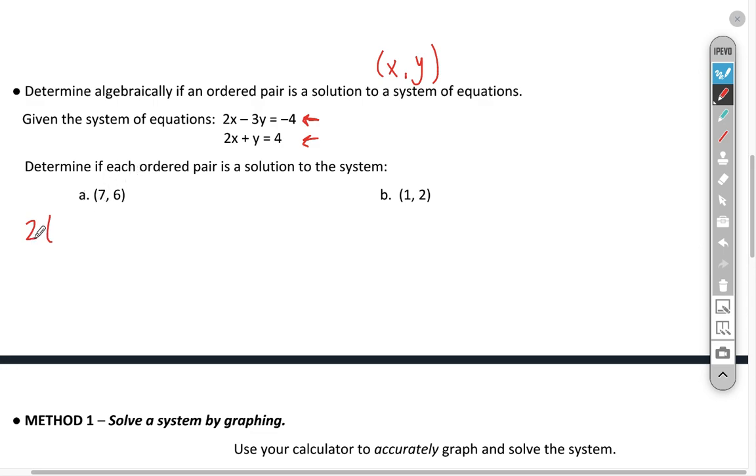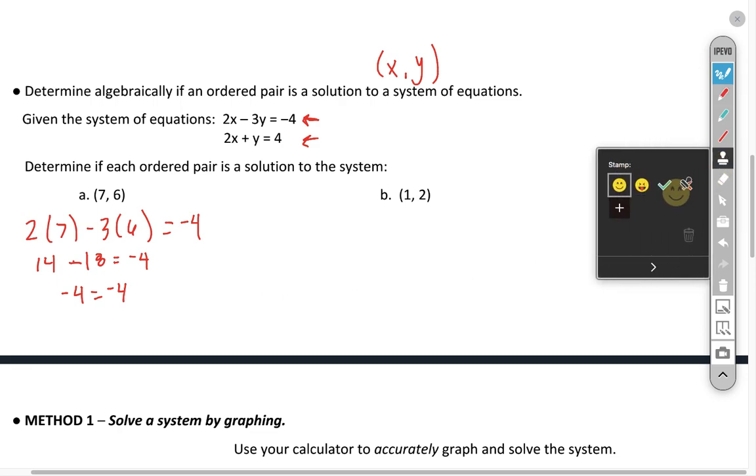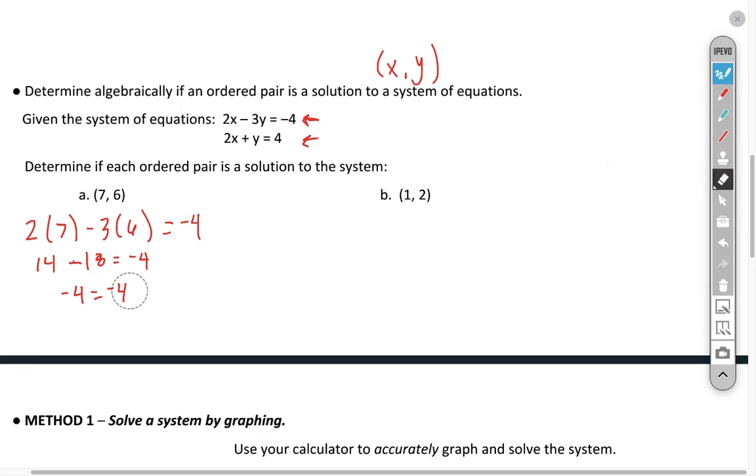So we have 2 times 7 minus 3 times 6 equals negative 4. We get 14 minus 18 equals negative 4, so negative 4 equals negative 4. This looks good.